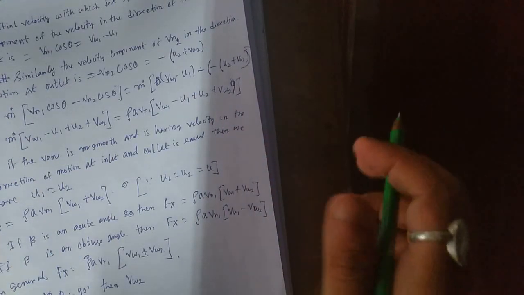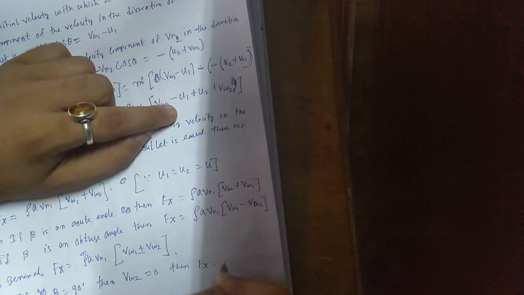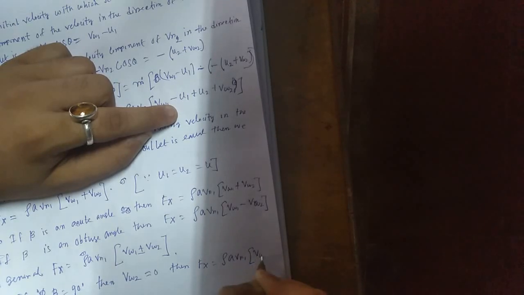So if beta is 90 degrees, then Fx is equal to rho A VR1 VW1.